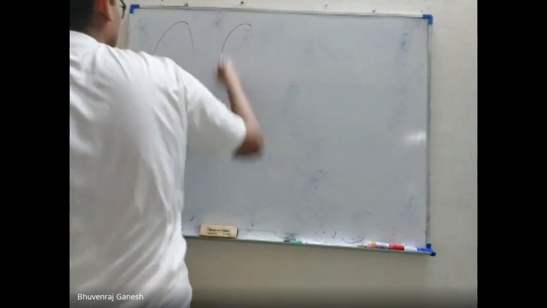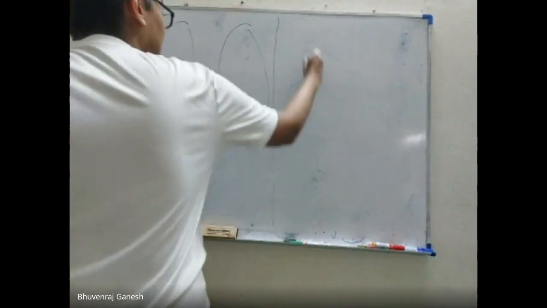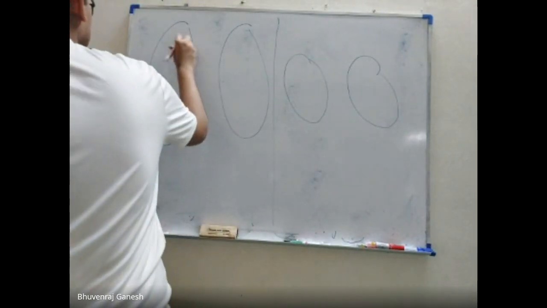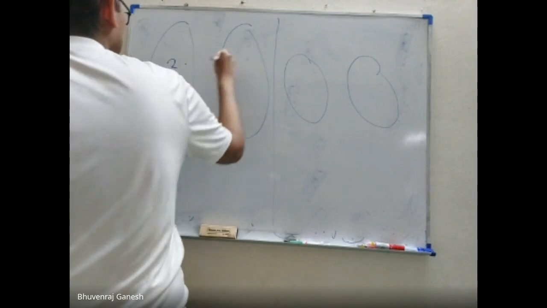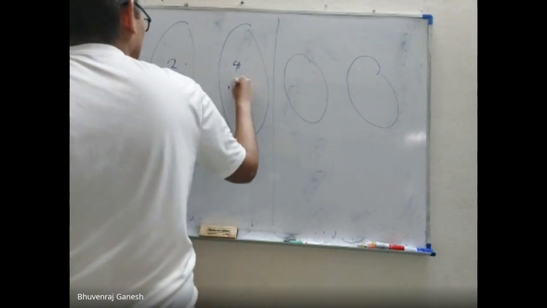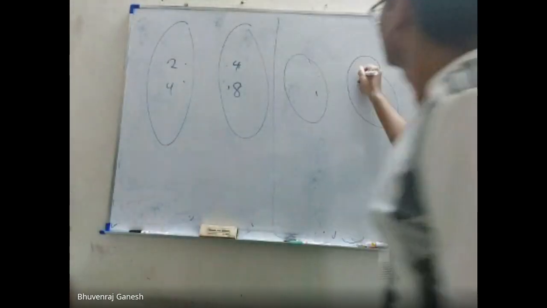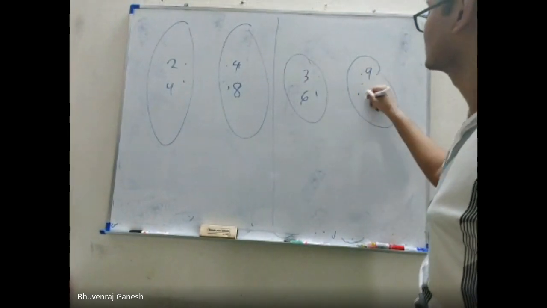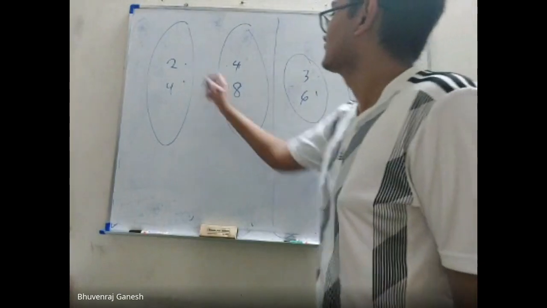So let's say we take out these two relations and study them. Let's say I give you random numbers: 4, 8, 6, 9, 36. Okay. So let's say I map like this. This is one-to-one.